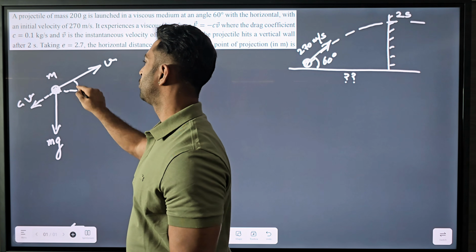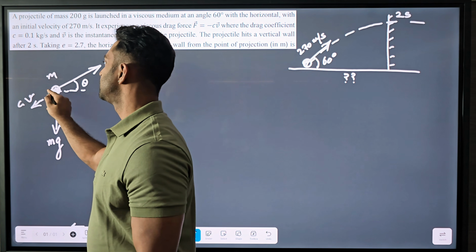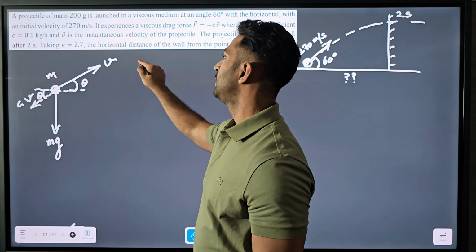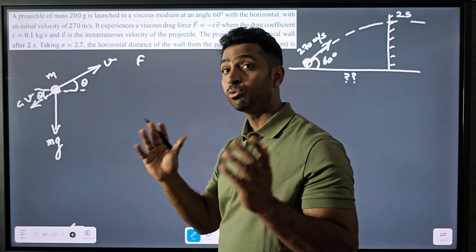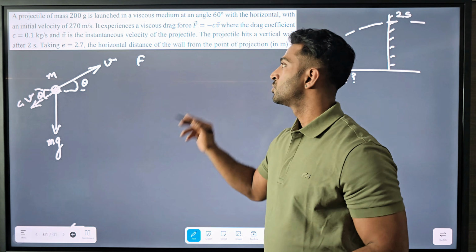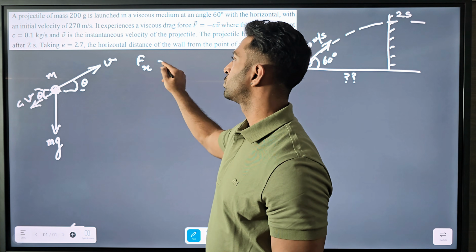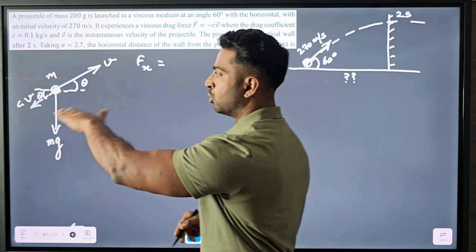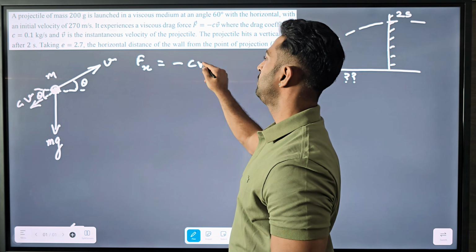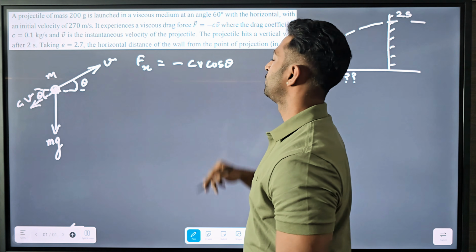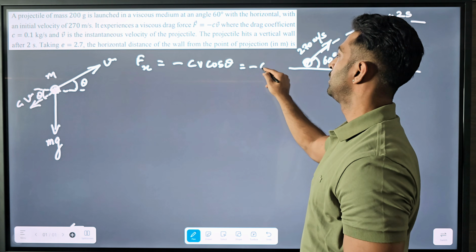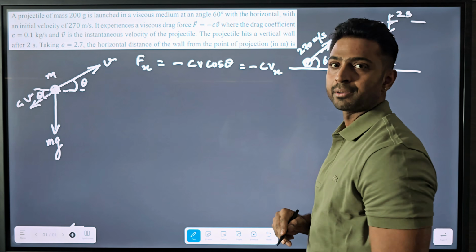Let this angle be theta. If I write the x component of the force acting on the body, it is just the horizontal component of drag. There is no other force. So minus CV cos theta.